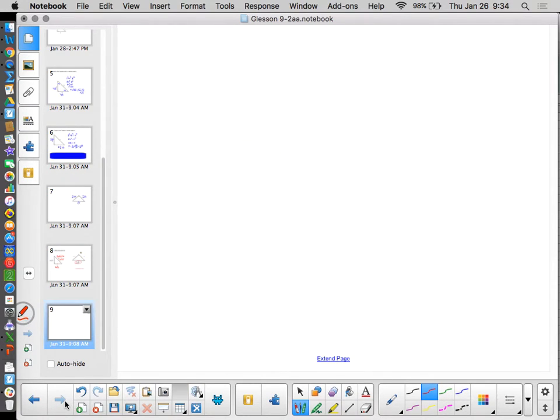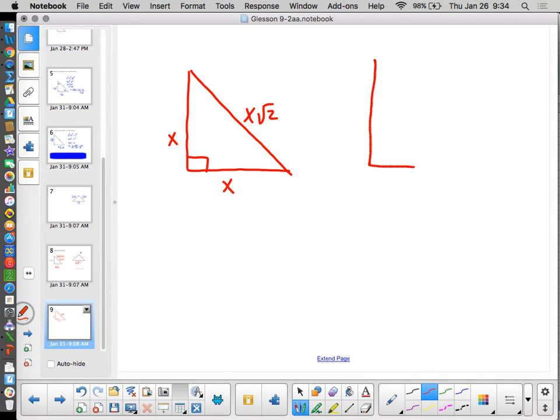So again, to summarize, now that everything's done, we have 2 basic patterns for isosceles right triangles. The first one is x, x, x root 2, because we know the length of the leg, and we need to find the length of the hypotenuse, because the legs are the same. The second pattern is where we know the length of the hypotenuse.